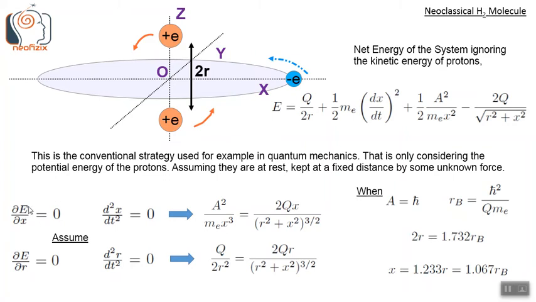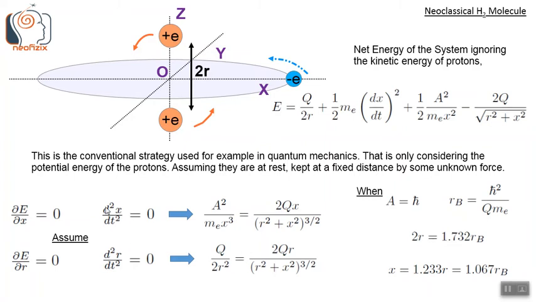then we get that the partial derivative of E with respect to x, del E by del x, and the partial derivative of E with respect to r, del E by del r, will be 0 because E is constant. Further, assuming the acceleration terms related to x and r as 0, that is d square x by dt square equals 0 and d square r by dt square equals 0, we get these equations.